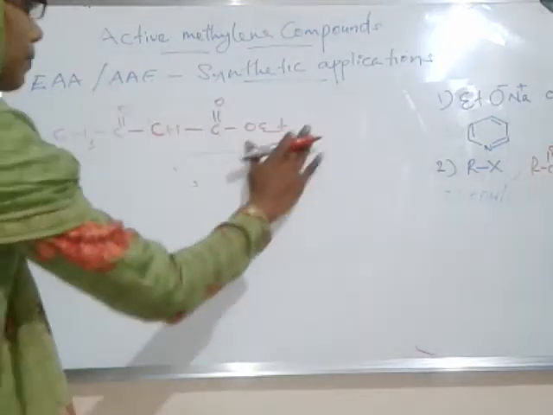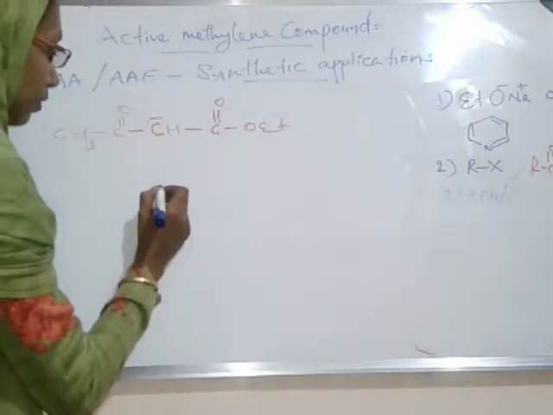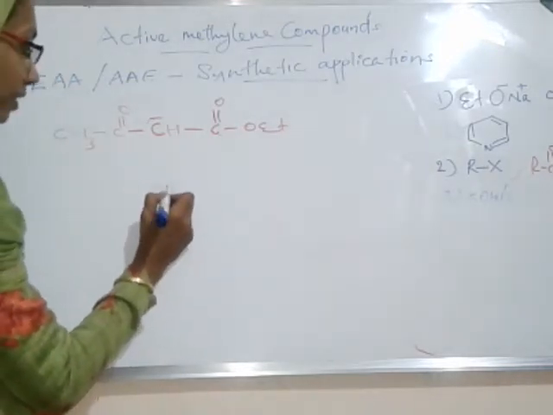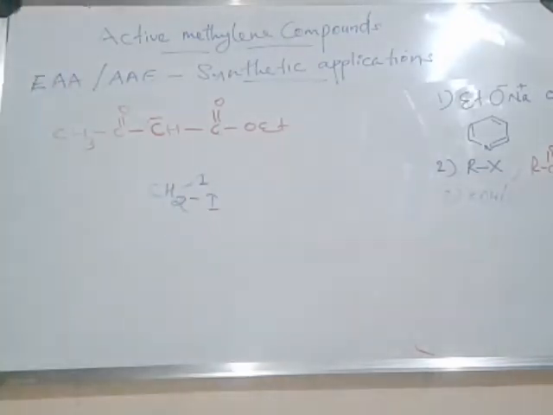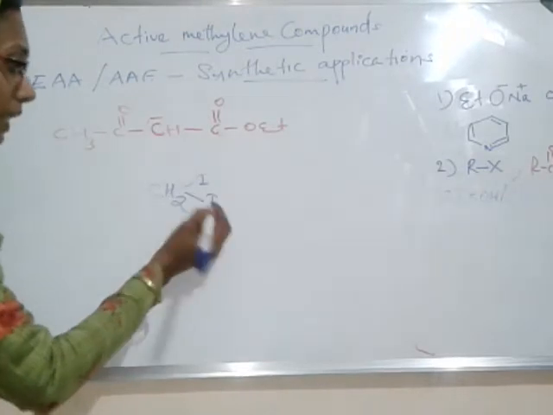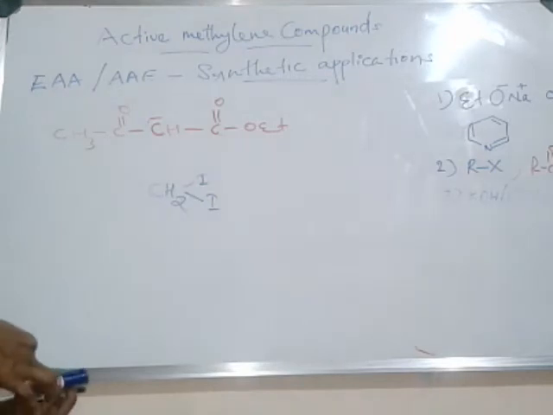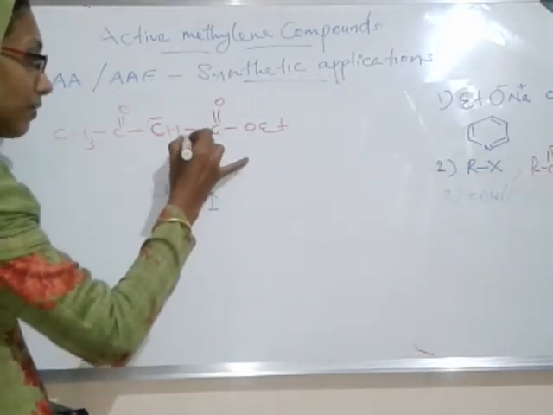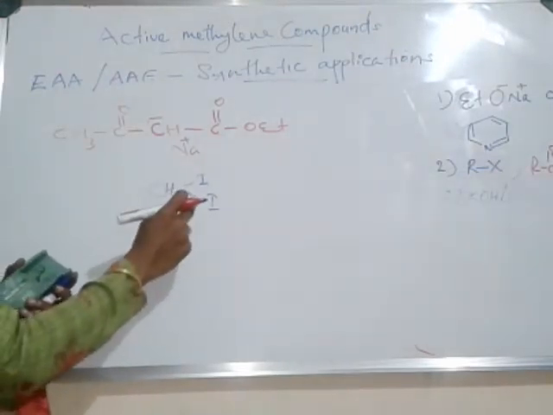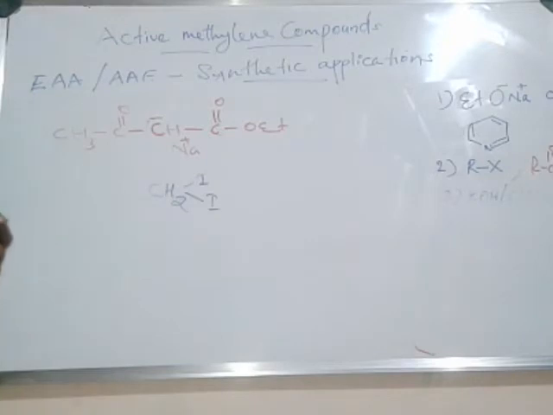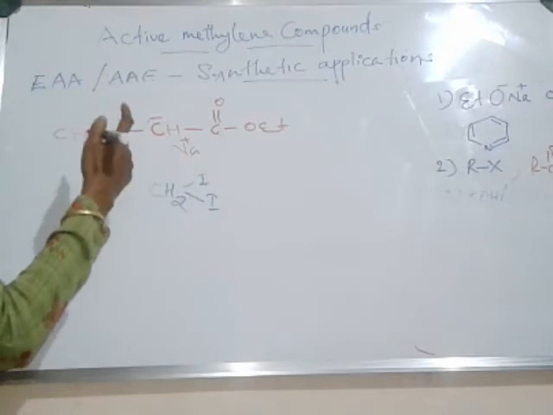Then what happens when we use diiodomethane, CH2I2? Here there are two iodines, and there is a counter ion Na+. If there are two halogens, it is able to react with two enolate anions of the EAA.